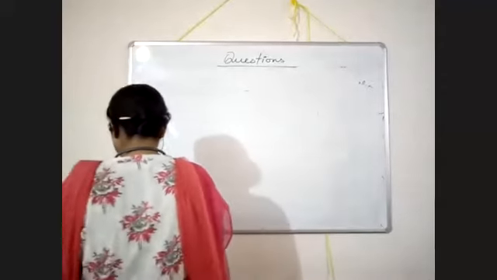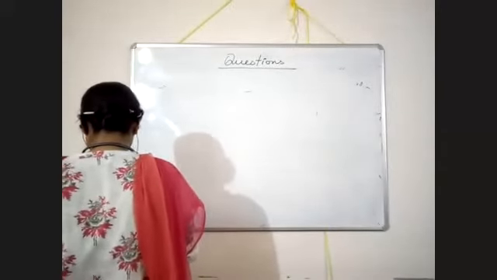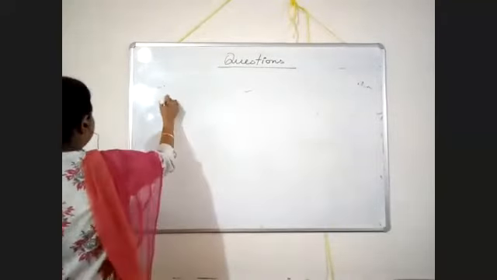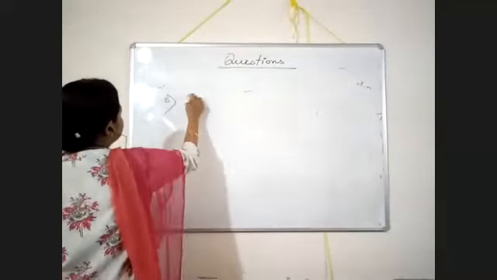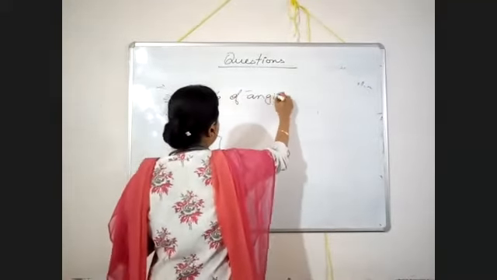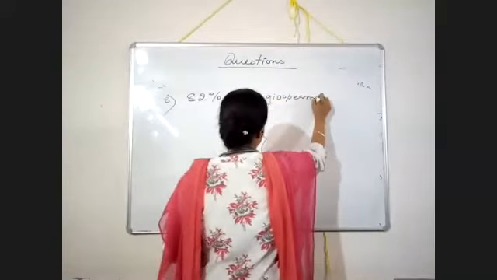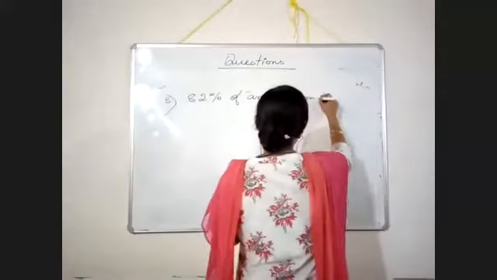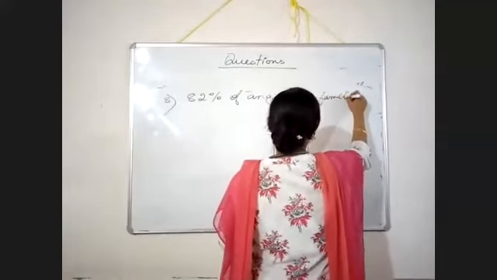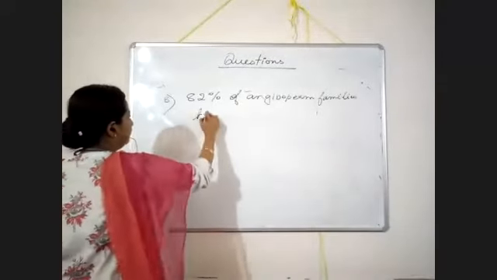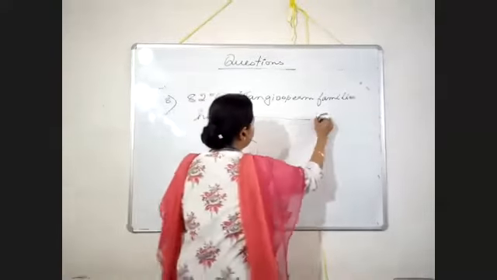Next was question number 8. Here a question I read: 82% of angiosperm families have that type of ovule.